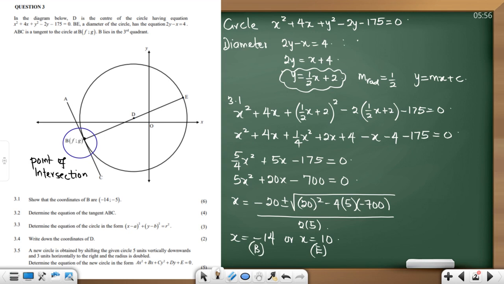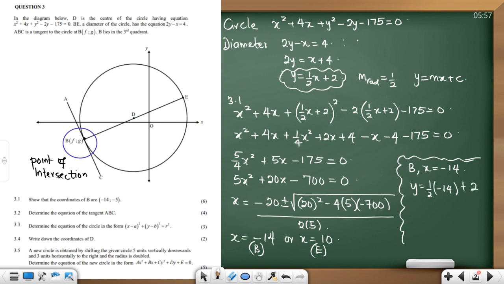We are dealing with B. So how do we get the y value? At B, we know x is equal to negative 14, sorry. Y is half x plus 2. So y equals half multiplied by negative 14 plus 2.